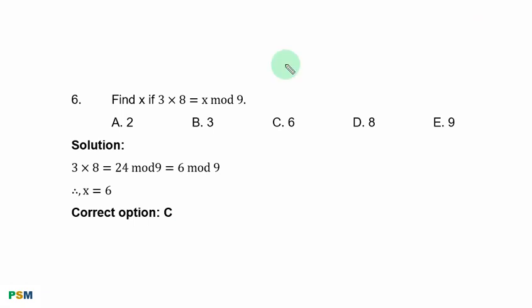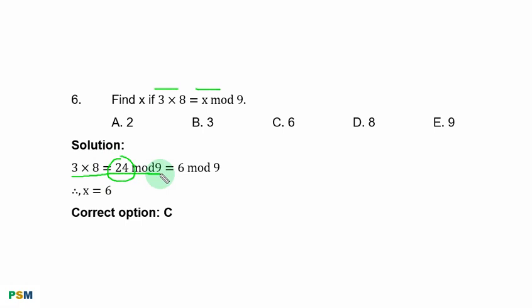Question 6. Find S if 3 times 8 is equal to S modulo 9. Solution. 3 times 8 is equal to 24 modulo 9. Now, modulo 9 has 9 elements, 0 to 8. So 24 is not an element in modulo 9.